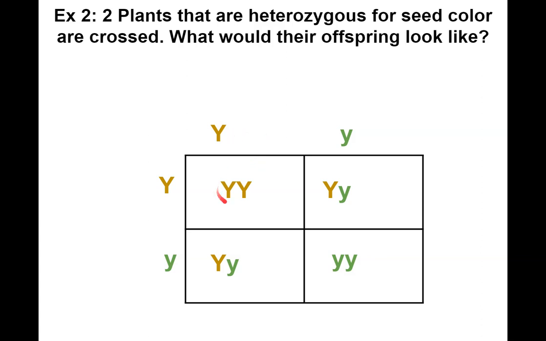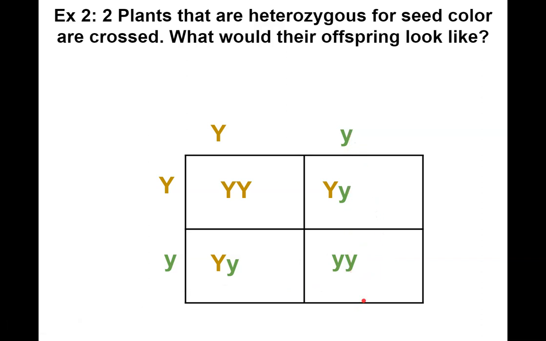So as you make the Punnett square, big Y here, because Y from this parent, Y from this parent. For this one, big Y from this parent, little y from this parent. For this one here, big Y from this parent, little y from this parent. And from here, little y from this parent and this parent.